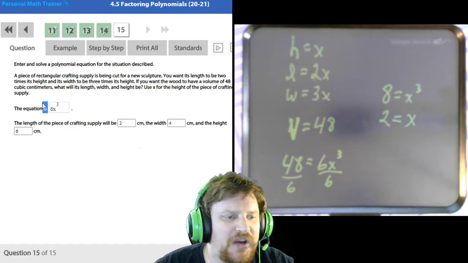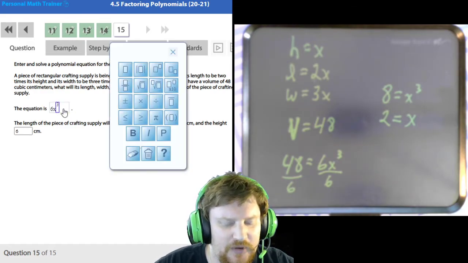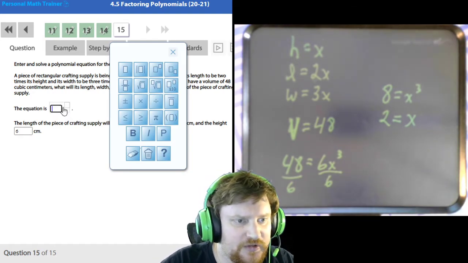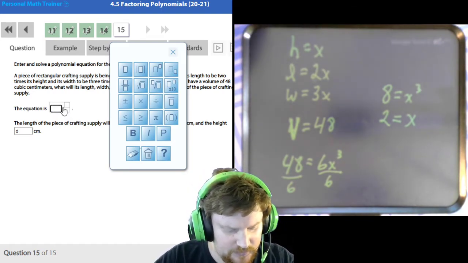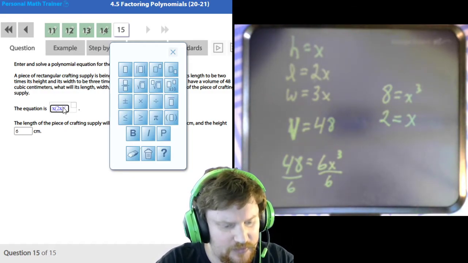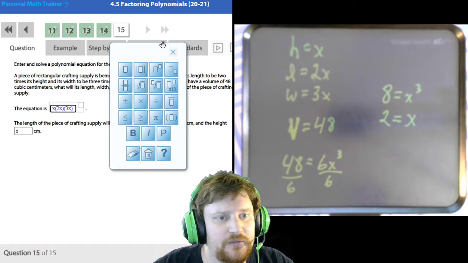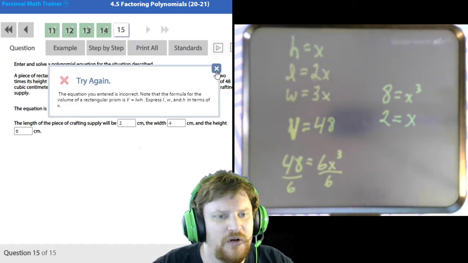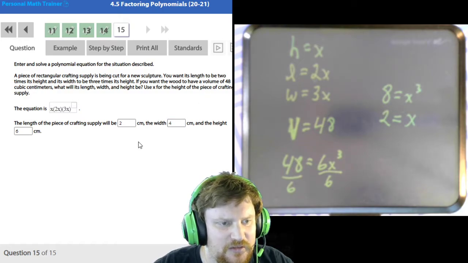Oh, they want me to actually spell out everything. So they want me to do this before it is simplified, so they want x, 2x, and 3x. And I simplified it, and they didn't.